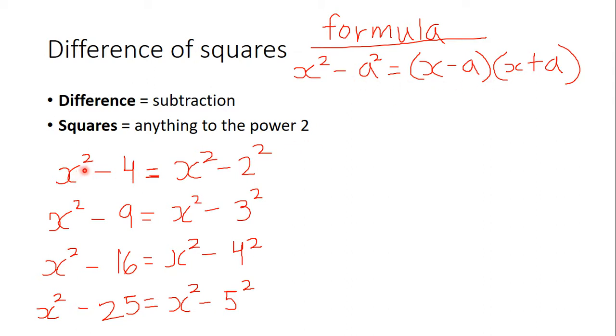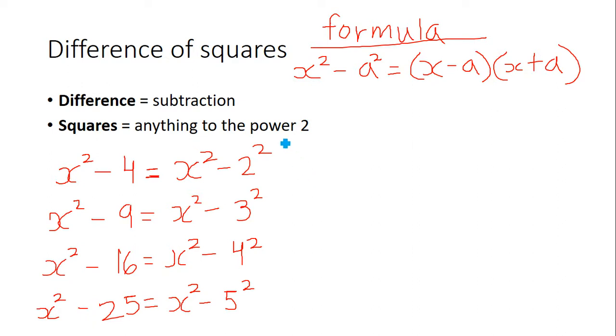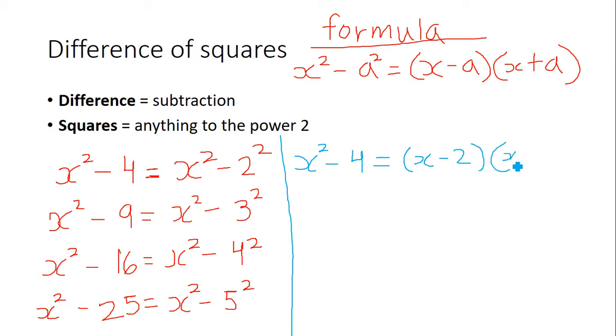We have x squared minus 4. That's actually equal to x minus what? 2. x minus 2, close bracket, x plus 2.